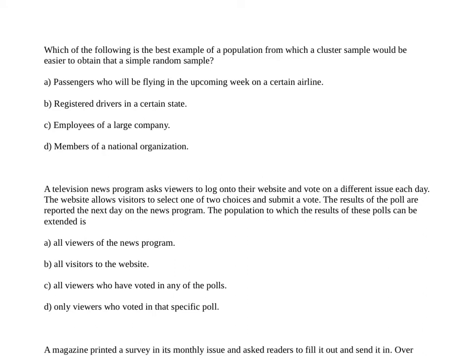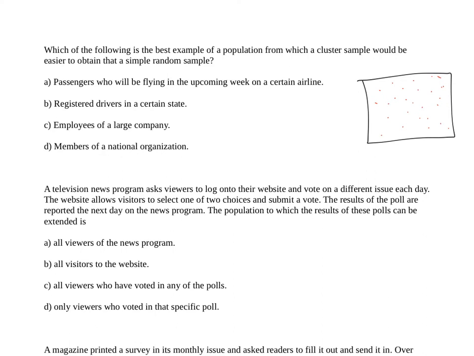So if we think of our population, here's our whole population right here. And a simple random sample, we'll do that in red, would be like saying, okay, we're just going to randomly take people from all over this population, and in that way we'll get a representative sample. And that's great, that works just fine.